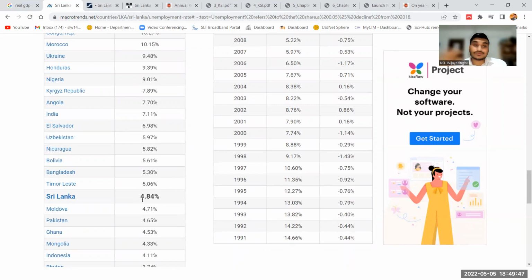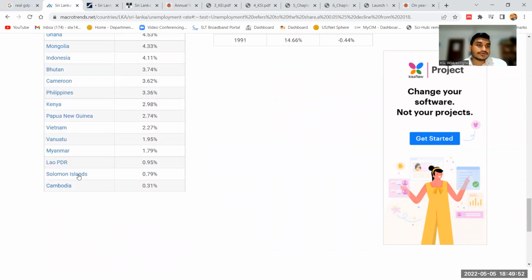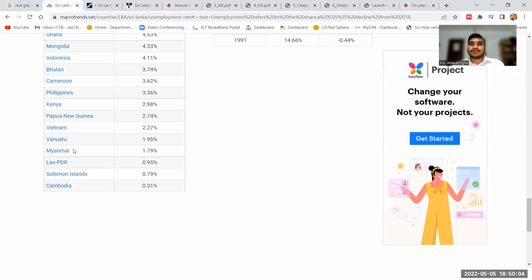This is data for 2020. If you go down to Cambodia or Solomon Islands, Laos, Myanmar, it says that for every 100 people there will not even be one person who is unemployed. So that is a good achievement, which means everyone in the country is working to increase the real GDP of the country.